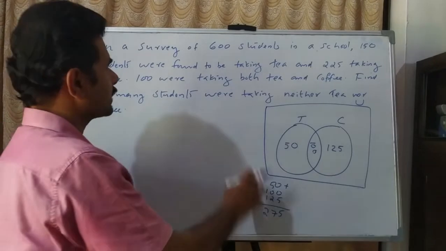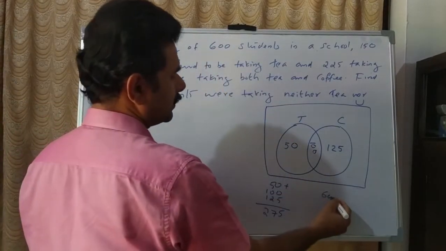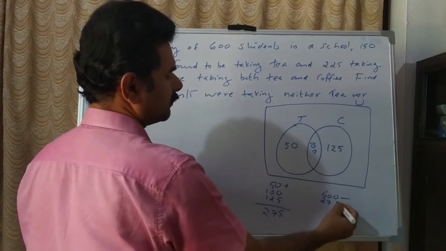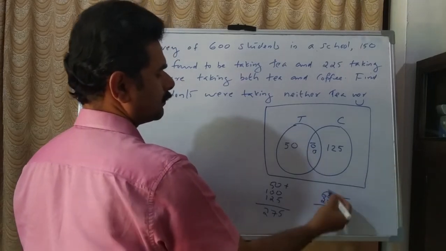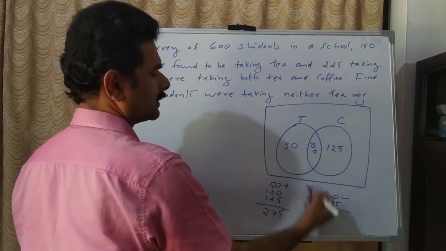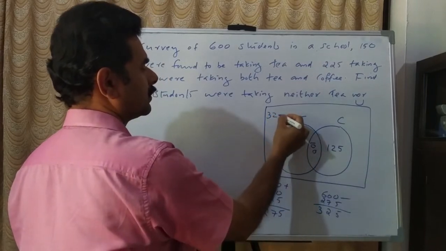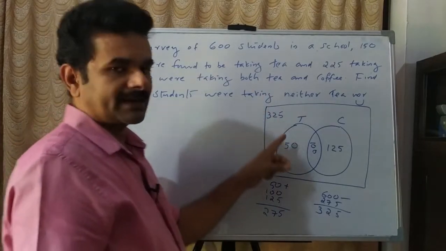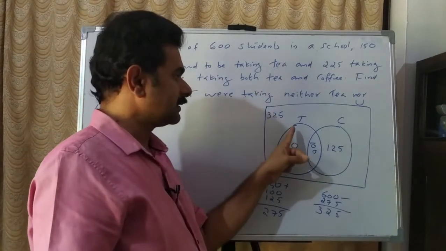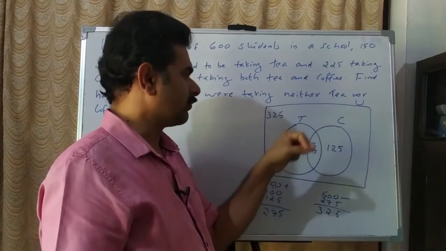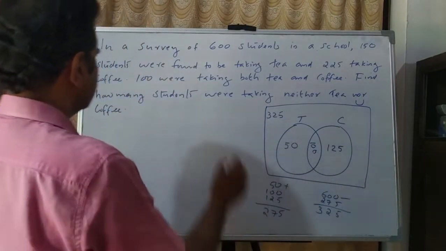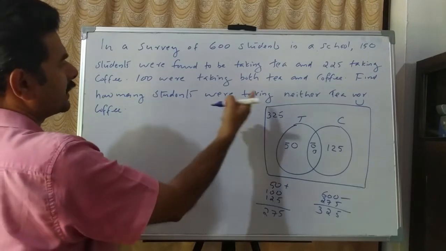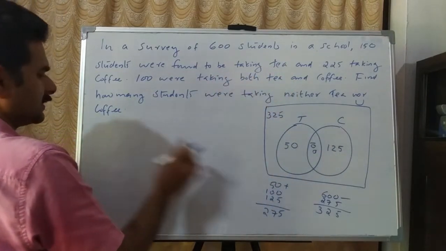So how many people extra? Total 600 minus 275, that is 325. 325 people are not interested in taking either tea or coffee, isn't it? So let us answer here. Find how many students were taking neither coffee nor tea. So this is the answer.